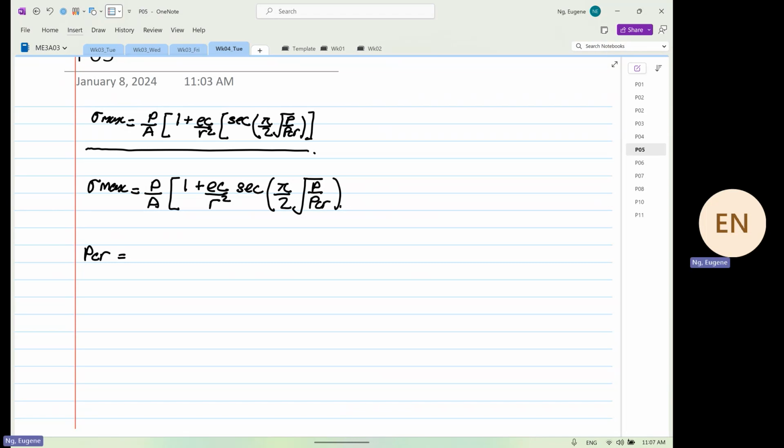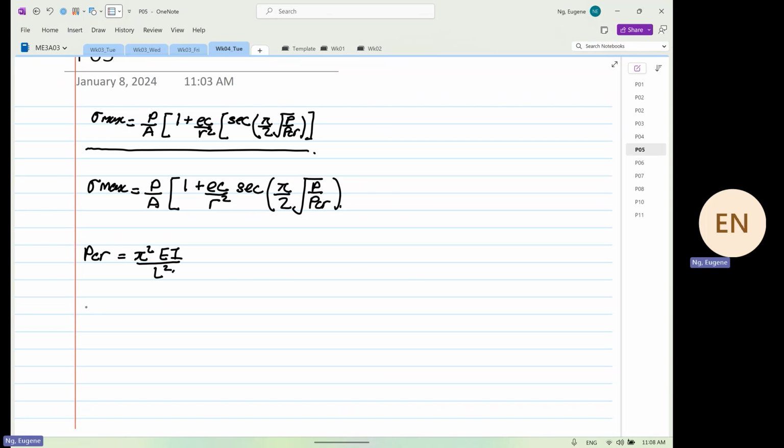Our P critical is equal to pi squared EI over L squared. Okay, we know that relationship. So we're going to substitute. No, there's no A because it's critical. I made a mistake on Friday.